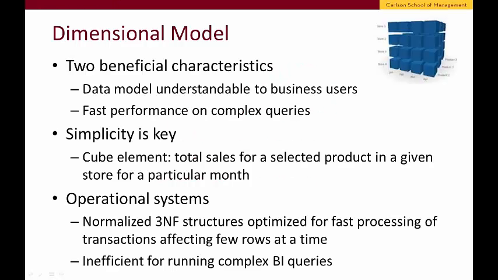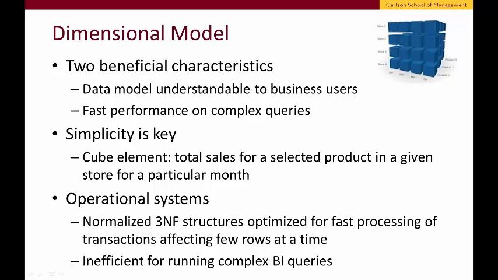The two main reasons dimensional modeling is the data warehousing industry standard are the simplicity of design and speed of query performance. A dimensional model can be easily visualized with the aid of an all-up cube, such as the one shown in the top right corner of the slide here. Each of the cube elements represents the total sales for a given product in a given store and in a given month.